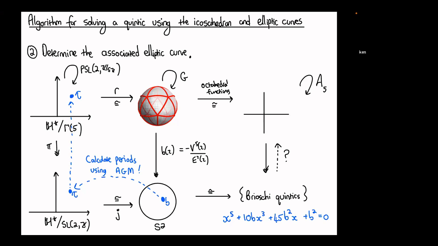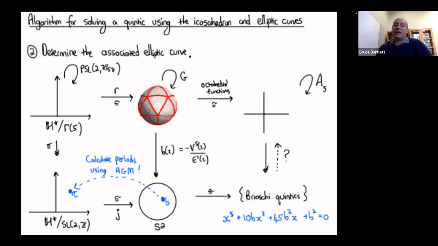Yes. Theta functions, of course, can be used to solve algebraic equations of any order. So you could theoretically translate this into theta functions. It would probably be terribly inefficient, but it would generalize. Thanks, Ken. That's a very good point.